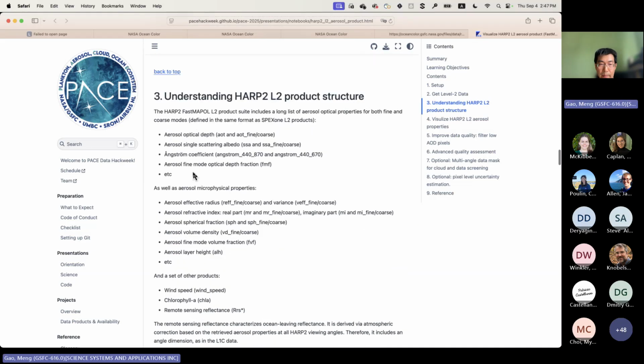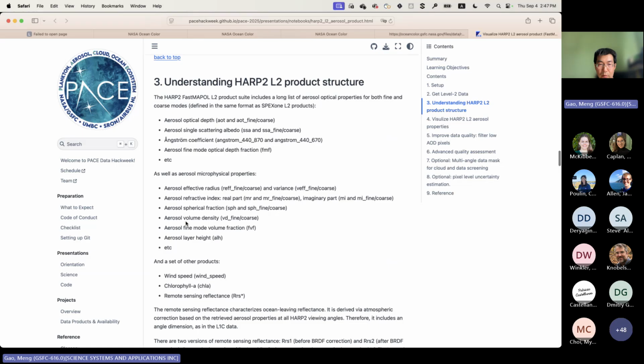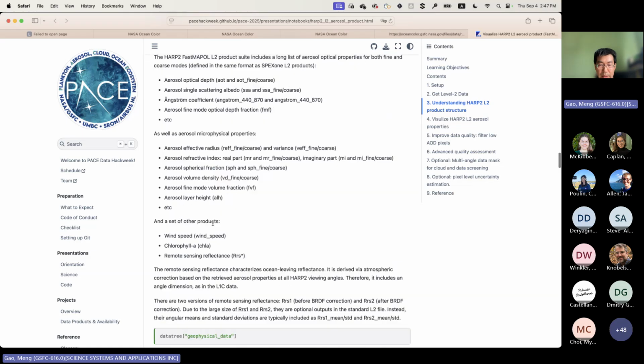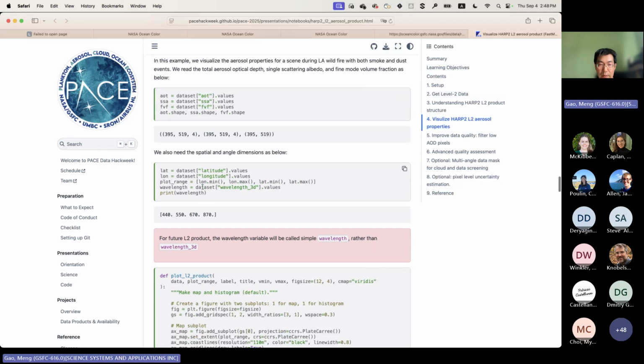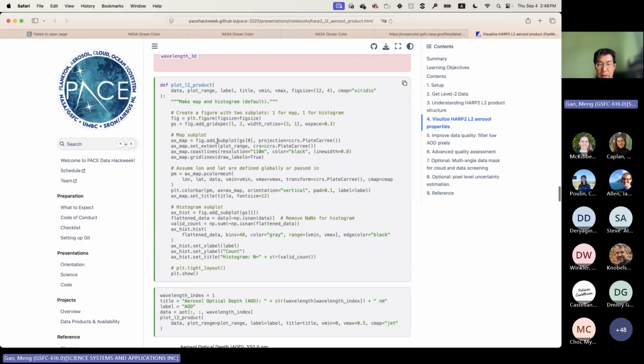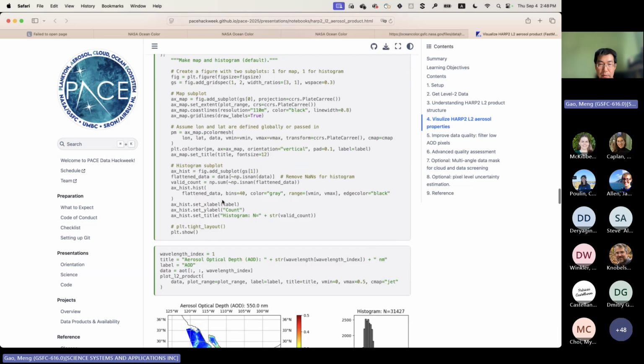As I mentioned, there are many variables here, and I don't have to repeat this. We can look at a few variables: pull out the AOD or AOT, single scattering albedo, and fine mode volume fraction, as well as the latitude and longitude, and I have a little function here to make plots.